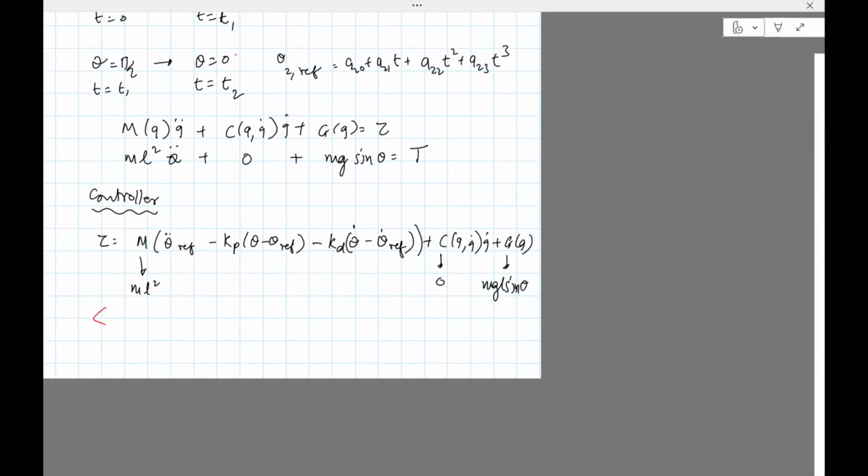Yes, I'm going to show you this. This is a folder which I'll provide to you. It basically does this control for a single link pendulum. Then I'll also give you another file which does it for a double pendulum, with, of course, a different trajectory.